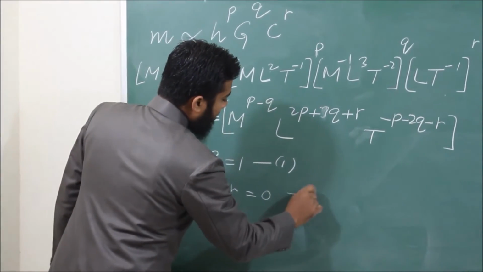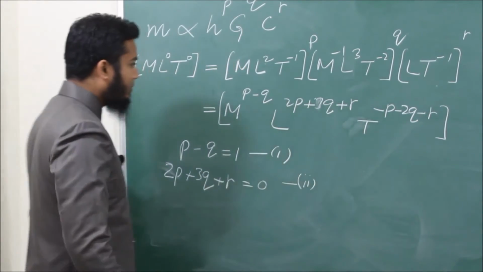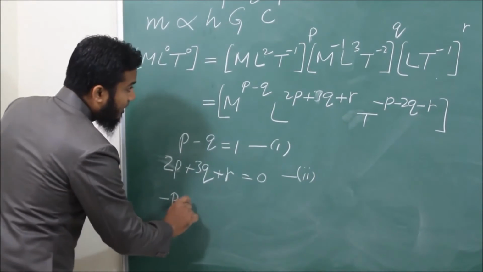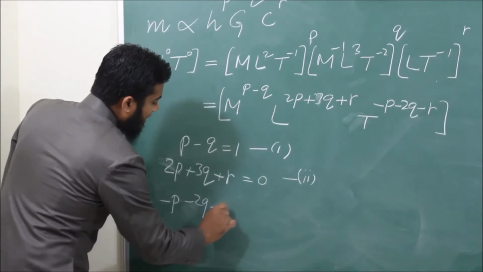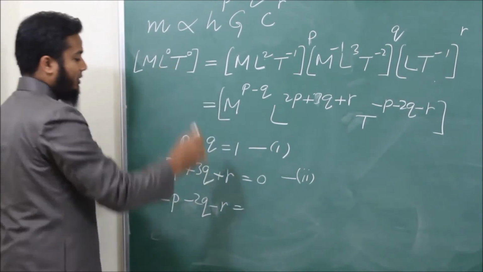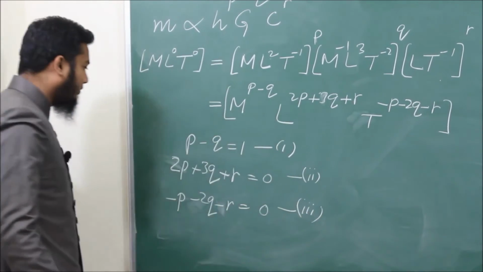Let's call this equation 2. And then T has power minus p minus 2q minus r, and T has power 0 on the left hand side, so it is 0. Let's call this equation 3.